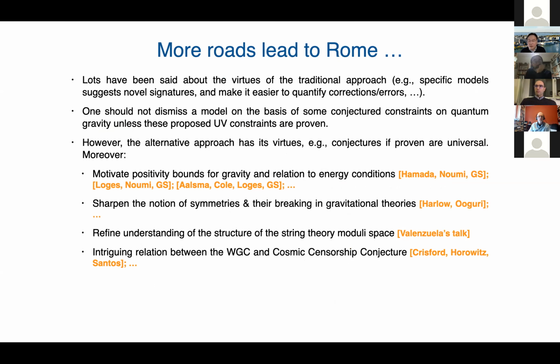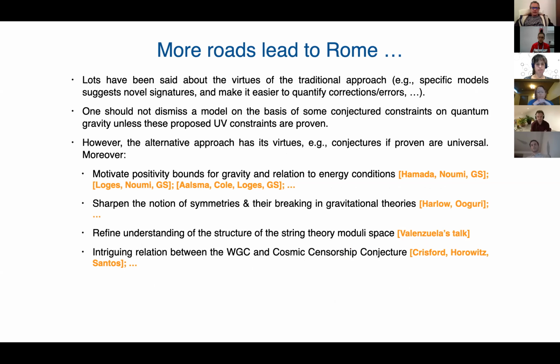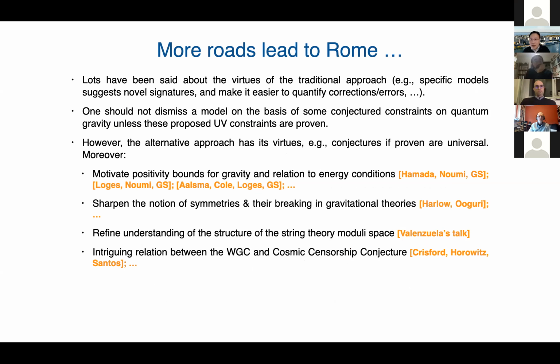Now, a lot has been said about the virtues of the traditional approach, and I assume that Eva would talk a lot about that in her segment, so I won't repeat all of it here. But I think the most important lesson that we learn from this traditional approach is that having specific models oftentimes suggests interesting cosmological signatures that effective field theories may otherwise overlook.